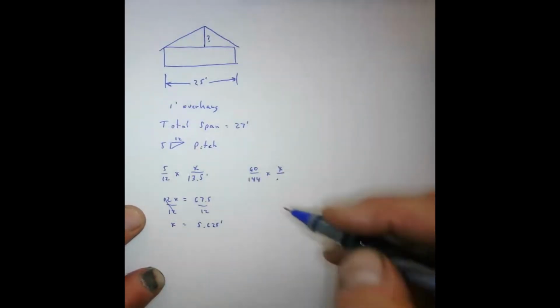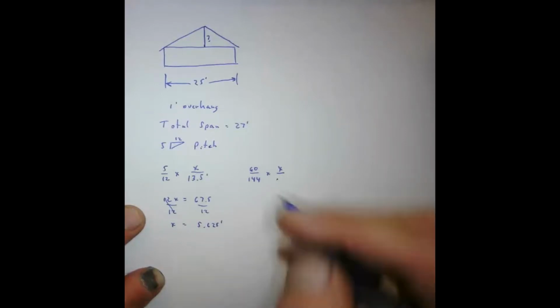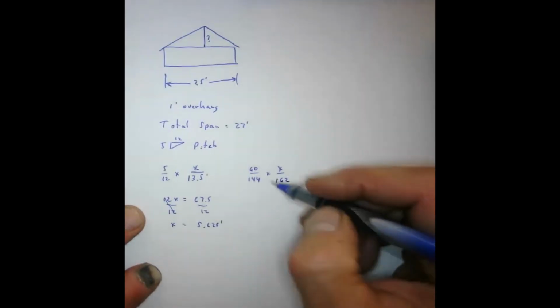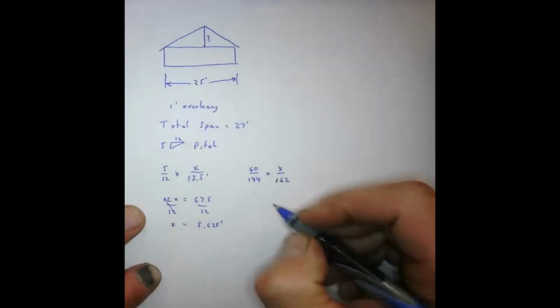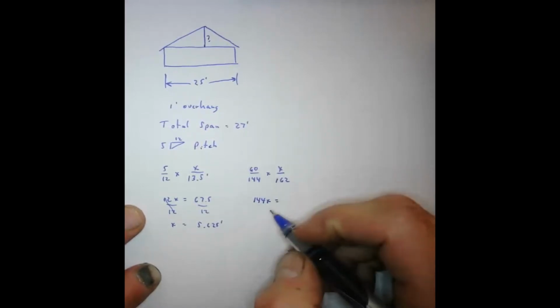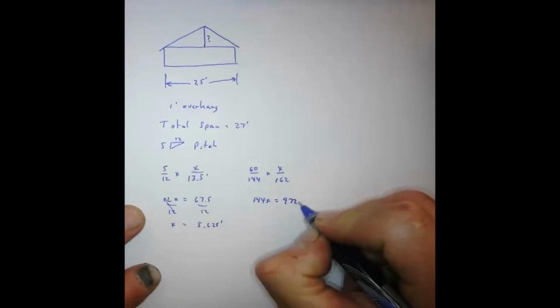And then if we take 13.5 feet, multiply it by 12, 13.5 times 12 gives us 162 inches. So we're going to take 60 times 162 and 144 times x. So 144x equals 162 times 60 gives us 9,720.